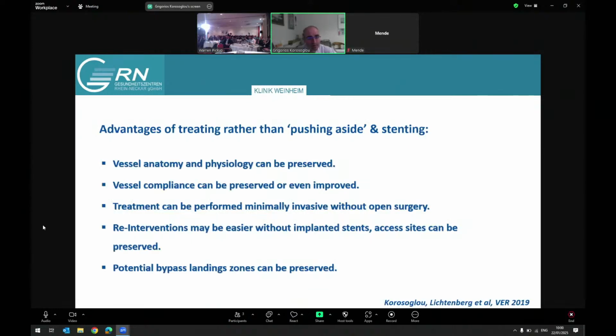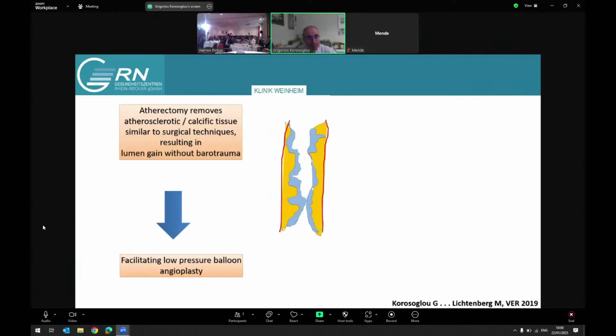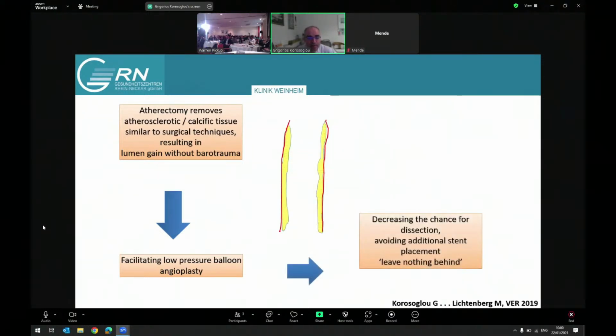So with atherectomy, basically we can preserve the compliance of the vessel. We can increase lumen gain without barotrauma. And we know that we cause less dissections than with conventional angioplasty.